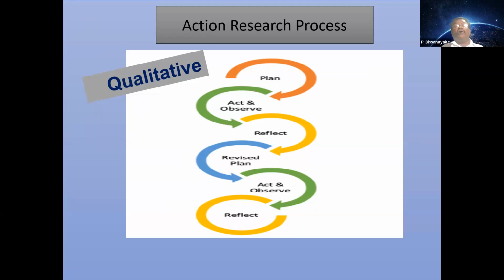Final outcome is not the only thing. Whether they finally improved or not is not the only thing that is important. The process. Product is important, process is equally important. How it happened. So, action research is process oriented, not product oriented. We have two concepts, product oriented and process oriented. Product oriented means only the final result.